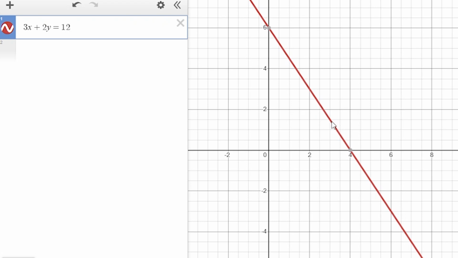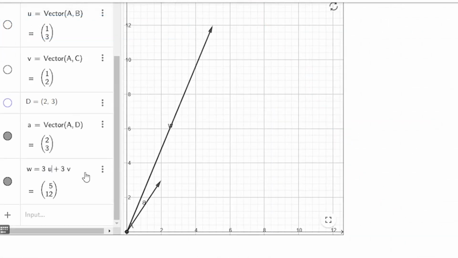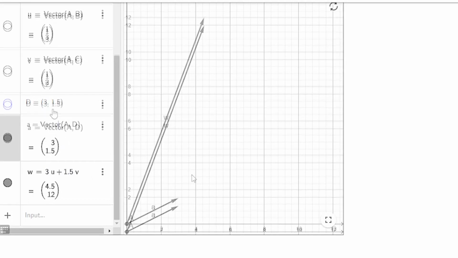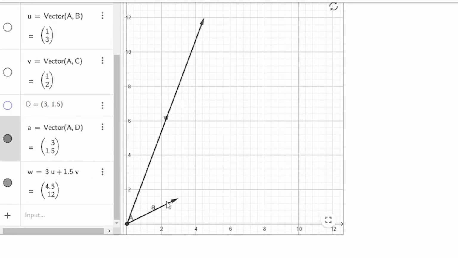I'm going to pick another point, 3 and 1.5. The x is scaled by 3 and the other one scaled by 1.5. Good. This is the vector of alpha values. And when I apply the matrix A, look how much that multiplication changed it. It transformed that vector into this vector, obviously bigger than the previous one.